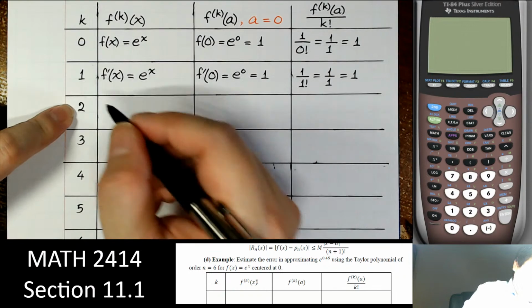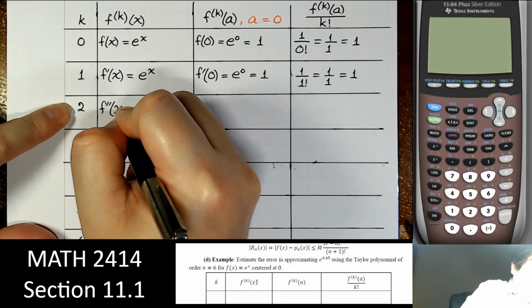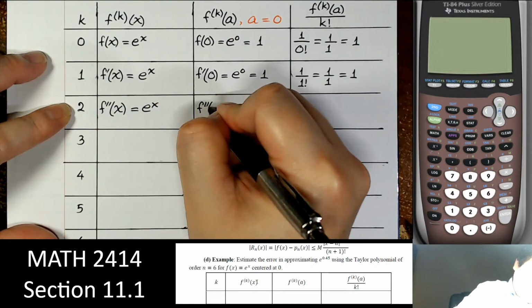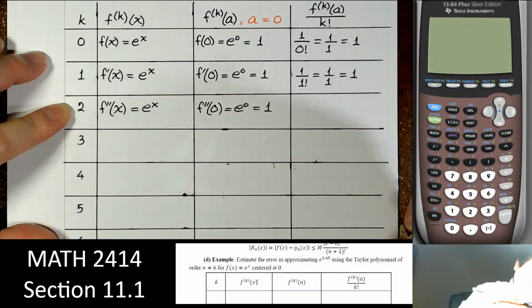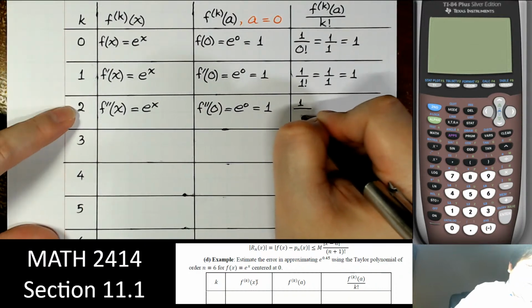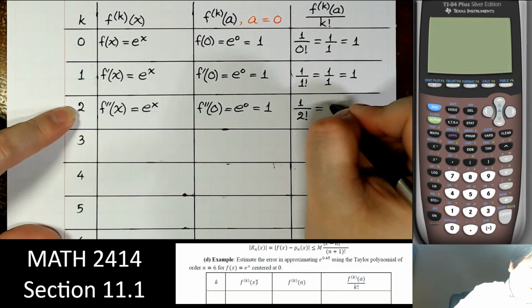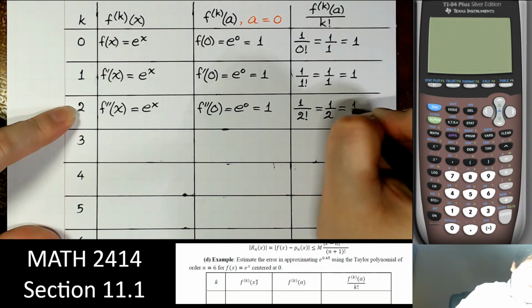And when k equal to 2, that is the second derivative, it is the same thing. And we'll take that and divide by factorial of 2. 2 factorial is 2 times 1, which is 2. Just 1/2.